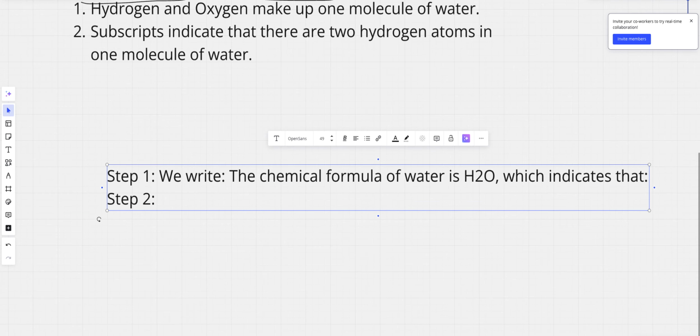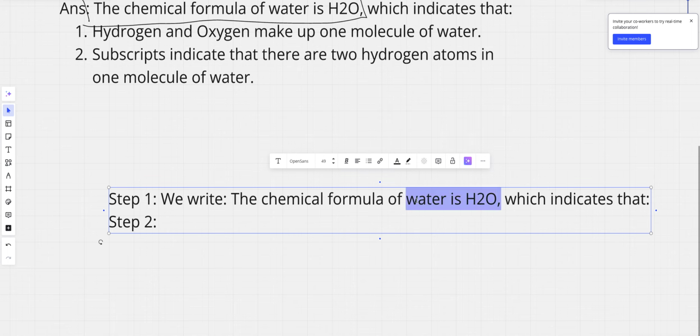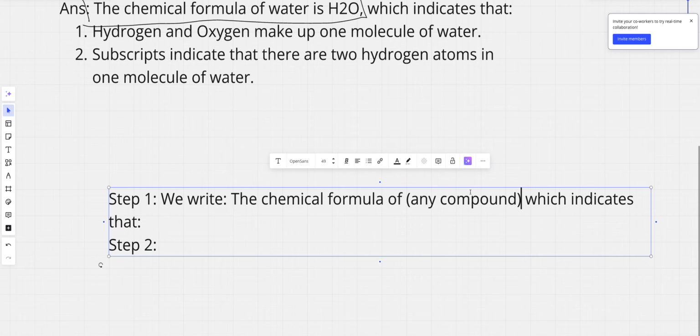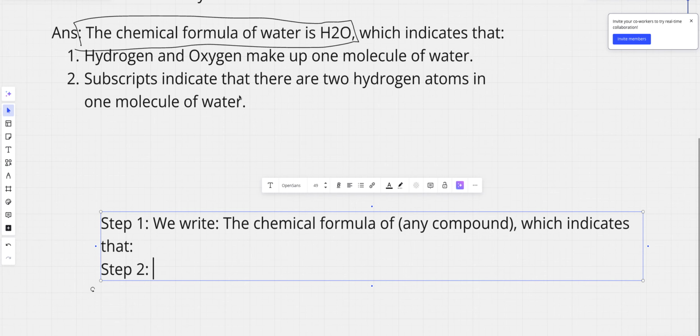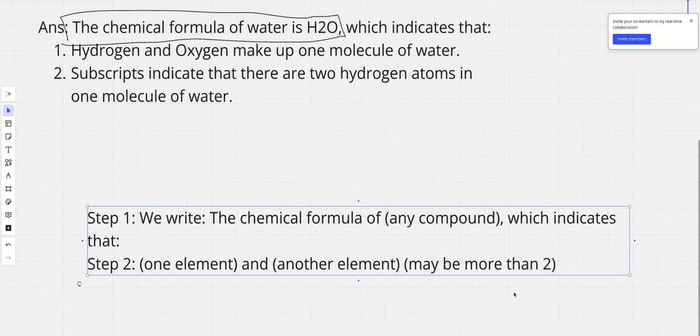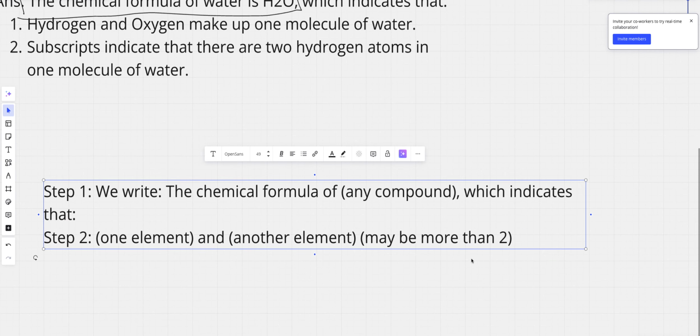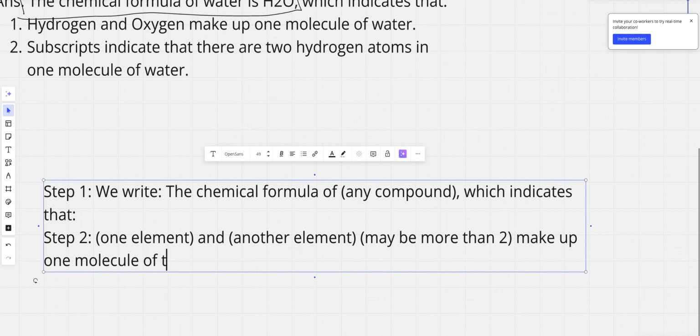And step two, we write, and here any compound can come, one element and another element, there may be more than two elements mentioned in the formula, make up one molecule of the substance.